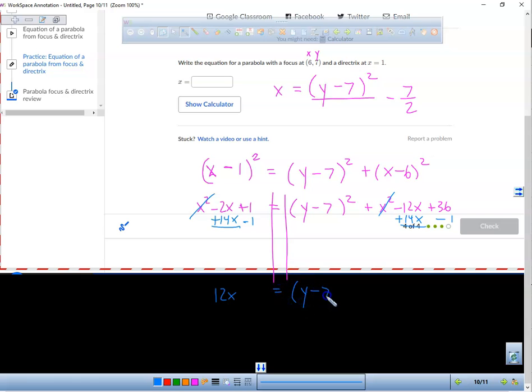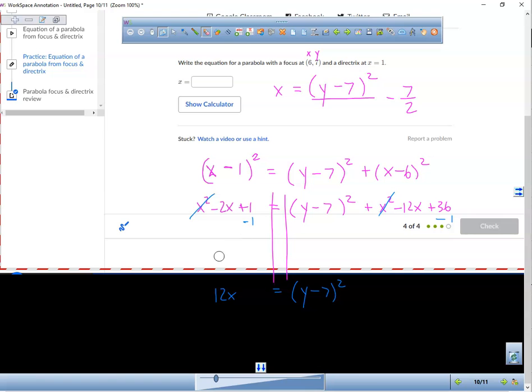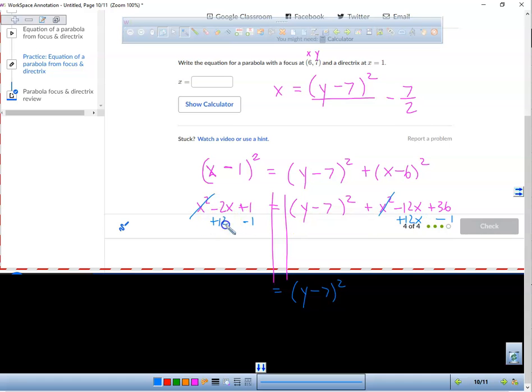Oh, I messed up, sorry. I don't know where the 14 came from. So we have 10x minus a 1 minus a 1. That gives me 35. So a 10 is going to go there, because eventually I got to divide everything by a 10.